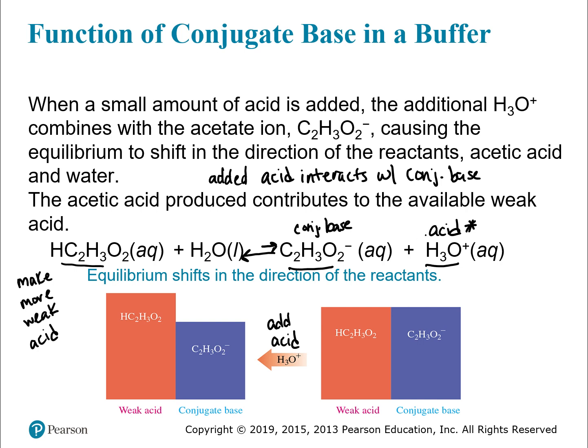So it donates a hydrogen to the conjugate base to make more of your weak acid, the acetic acid. That's what happens when you add a little bit of acid to a buffer. So your equilibrium shifts and you make more of the acetic acid. You have a little bit less of the conjugate base. But again, your pH is still maintained.